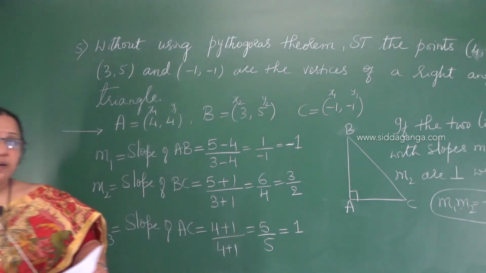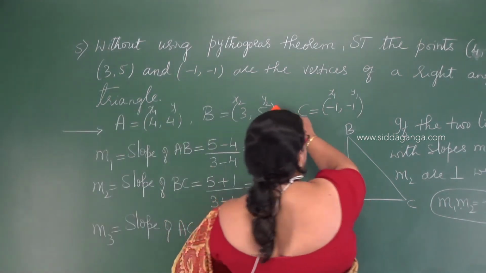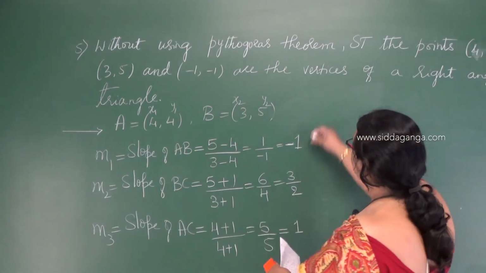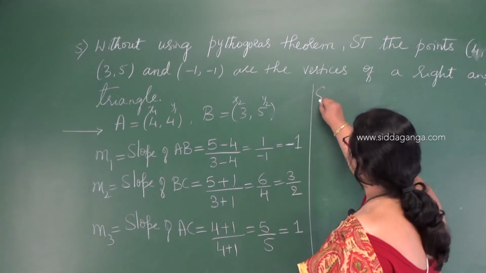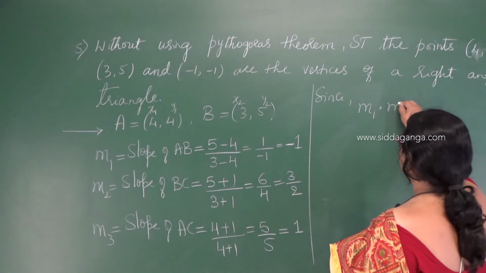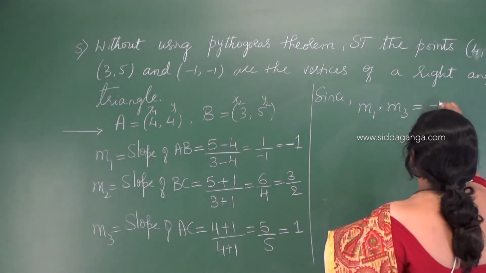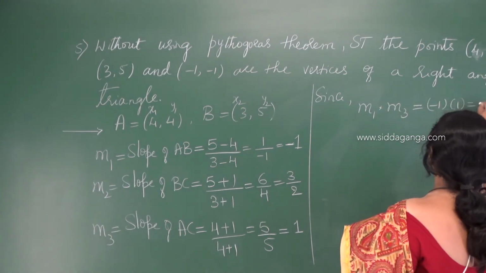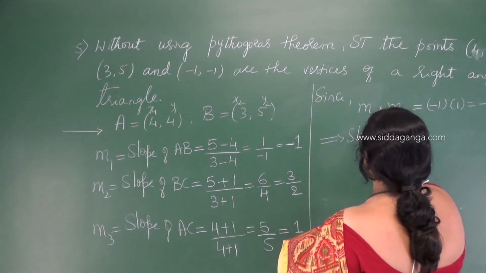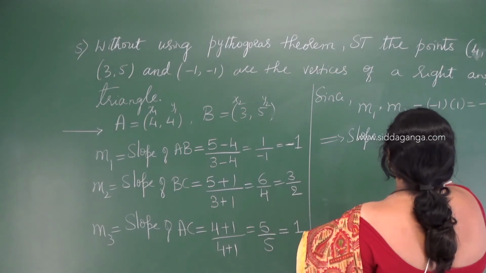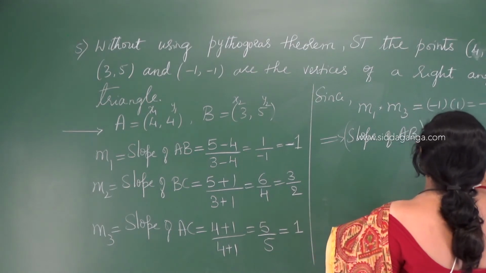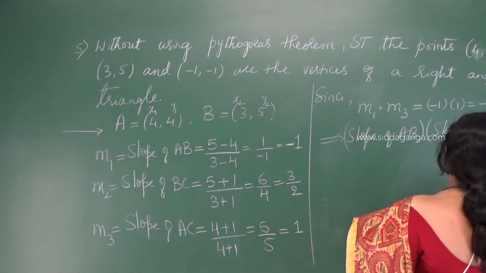So we have to write the conclusion: since M1 into M3 equal to -1 into 1 equal to -1, slope of AB into slope of AC equal to -1.